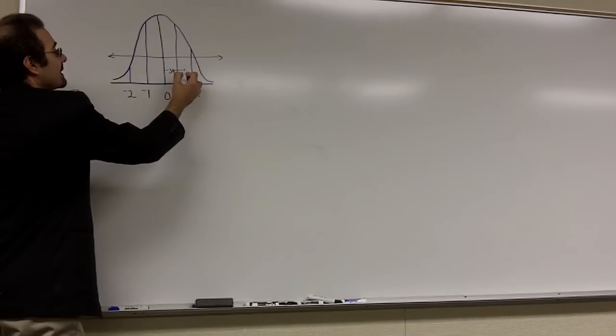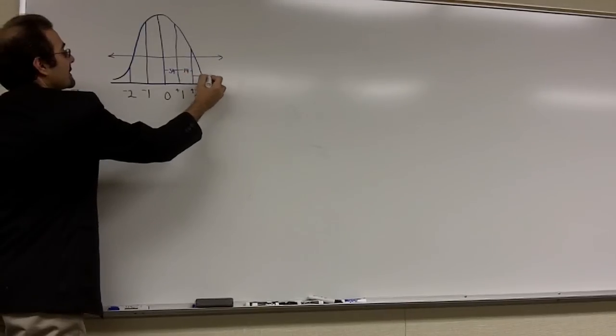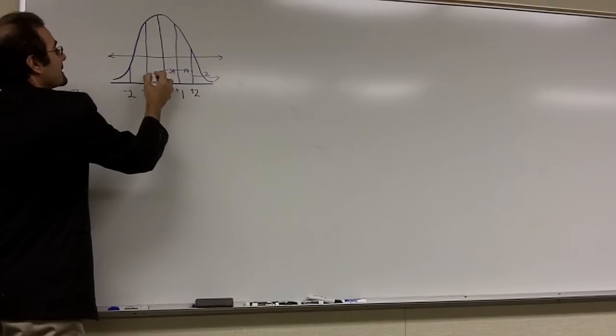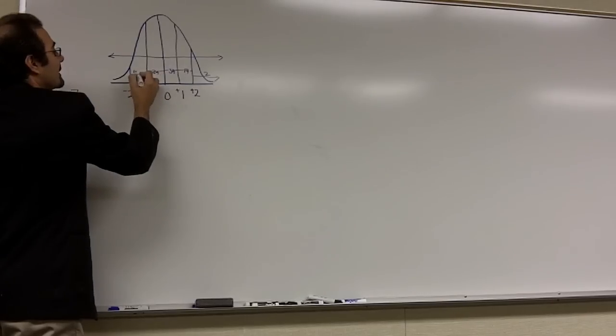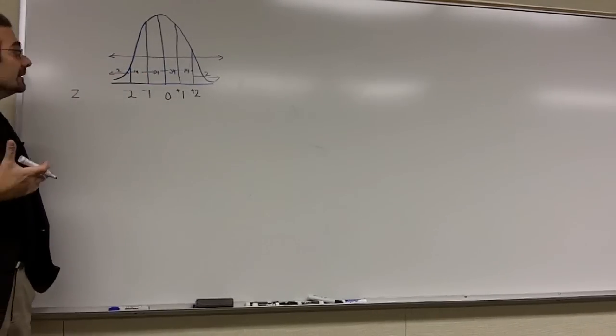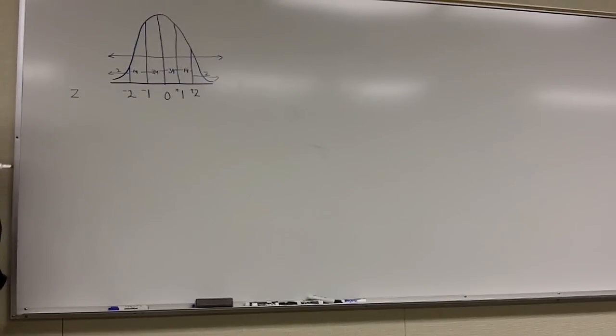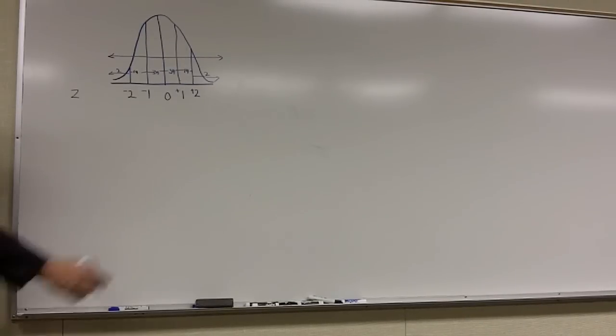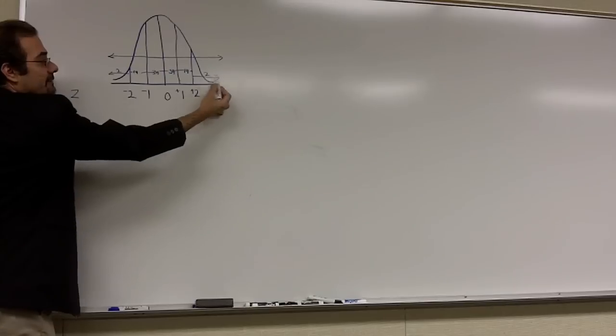This is 34%, this is 14%, and this is 2%. Similarly, this is 34, 14, and 2%. Everybody with me on that? So given that fact, what is the probability of picking a score at random that is between 0 and +1 standard deviations? 34%. What's the probability of picking a score above 2 standard deviations above the mean? 2%. So above this is 2%.